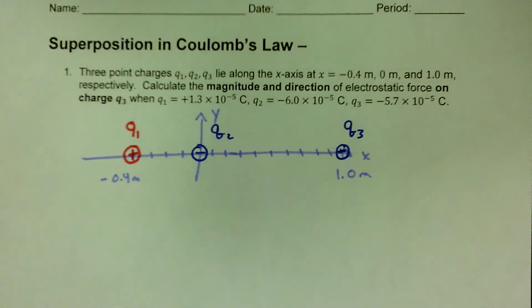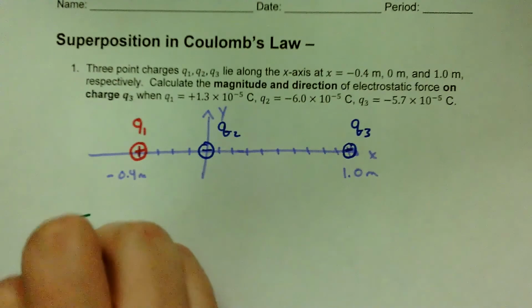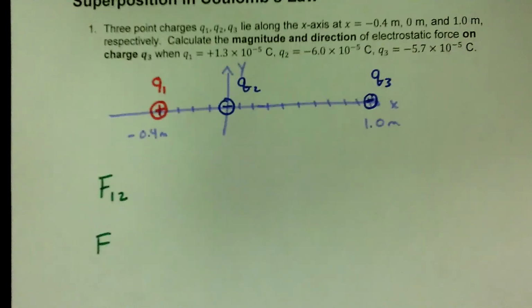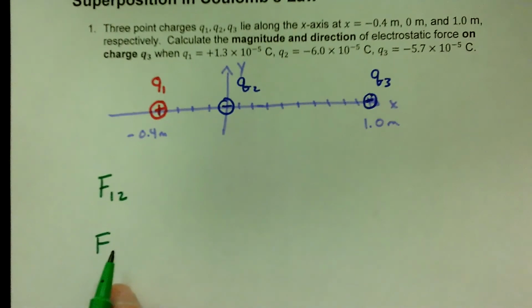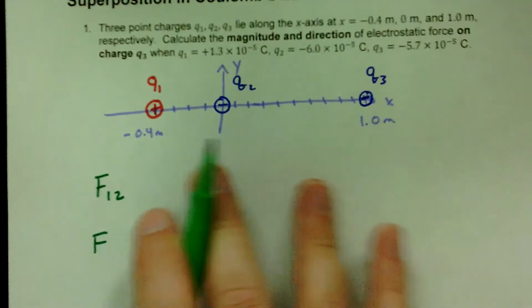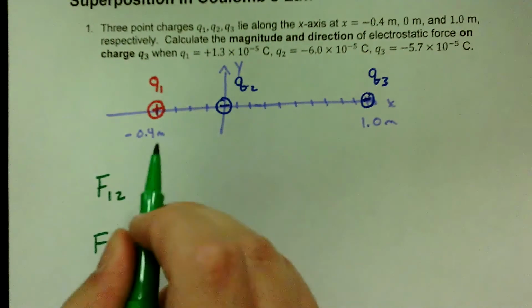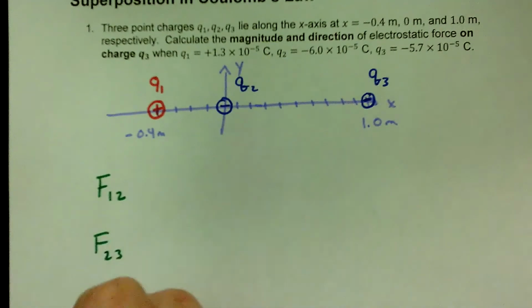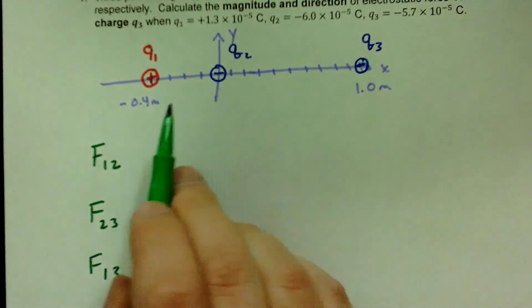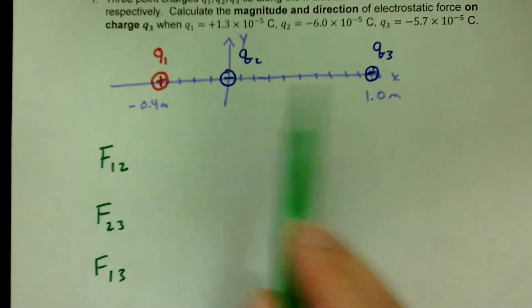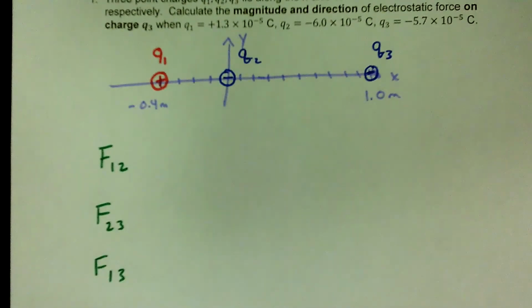So we have to find the force between the pairs, and if you're careful, you can do it with just two of them, but for the purposes of what I want to do, I'm going to do all three. There are basically three combinations of charges here: a force between 1 and 2, a force between 2 and 3, and a force between 1 and 3.